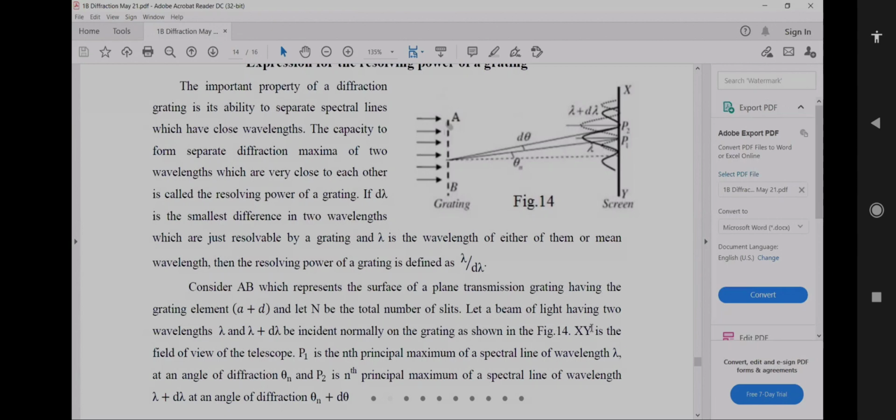Let a beam of light having two wavelengths, lambda and lambda plus d lambda, be incident normally on the grating as shown in the figure.